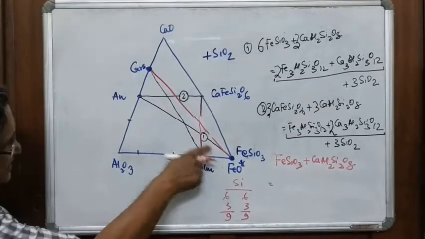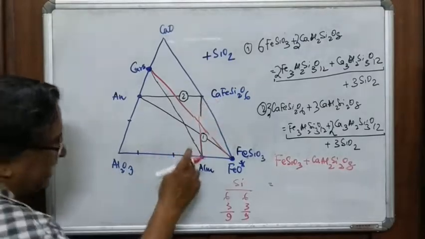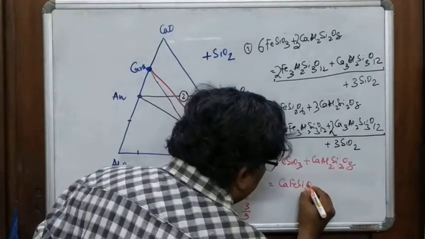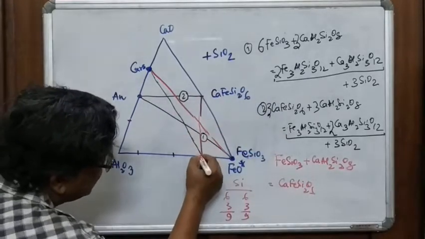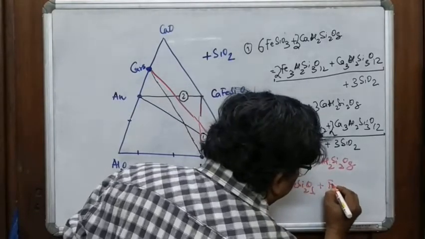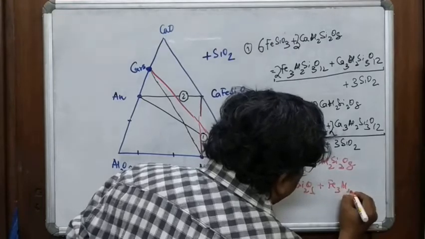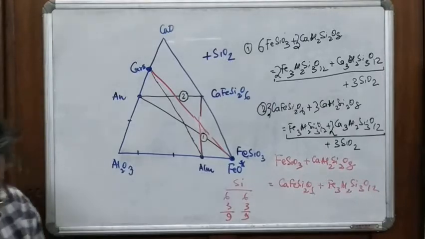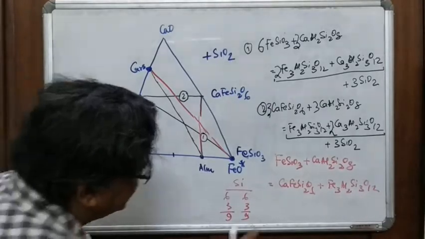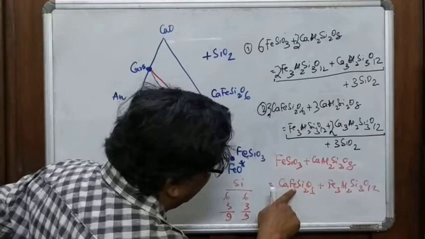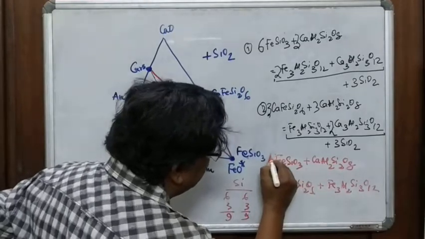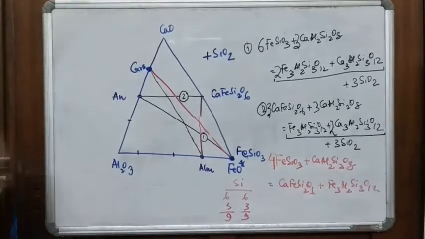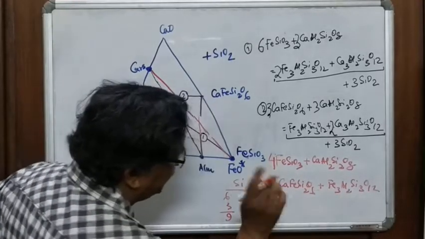FeSiO3 plus CaAl2Si2O8, and I get CaFeSi2O6, which is this one, plus Fe3Al2Si3O12. Yes, now it is okay. So this will be 1 iron, 3 iron. This is 4 iron. So 1 iron plus 3 iron, 4 is balanced.